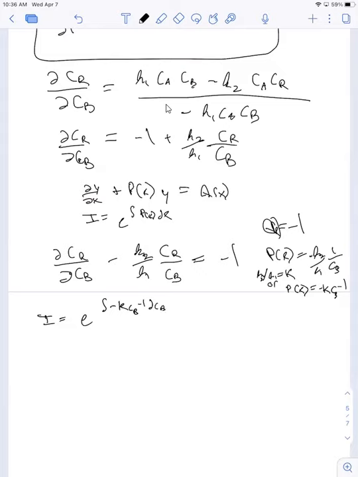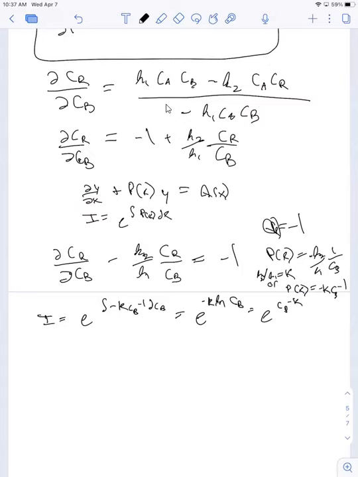And so this is going to be equal to e raised to the natural log of, so it'll be -K ln of CB, which will equal e to the CB to the -K.